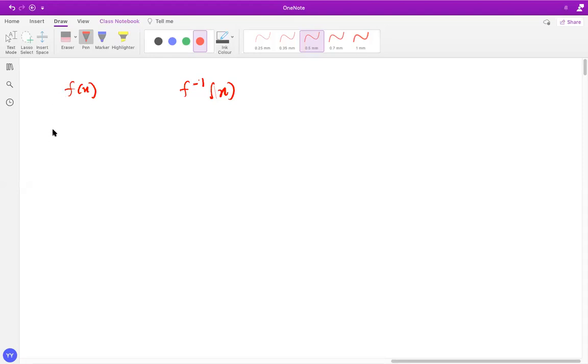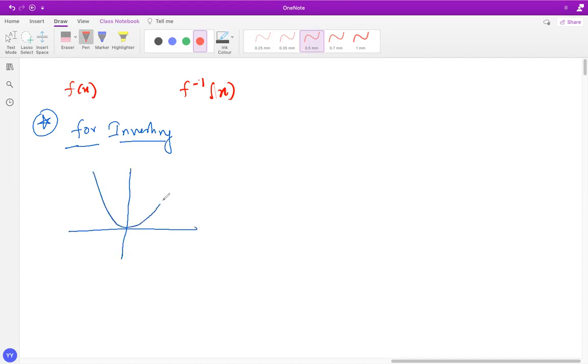Now you can find the inverse for lots of expressions. But for inverting functions, there's a rule that you need to follow. Now I'm showing you a function in a similar line to the ones we found inverses for, which is a simple y equals x squared graph.